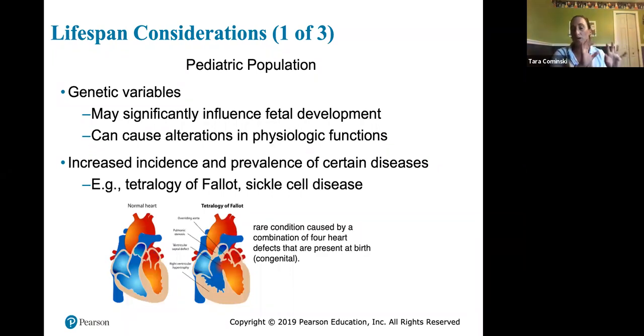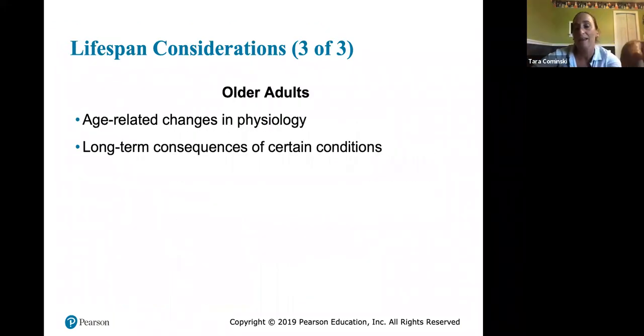You always have to consider the age of the patient, or what situation they're in. In every chapter we bring this back and talk about lifespan considerations. That's why we're introducing it here, because it's something you're going to see throughout.